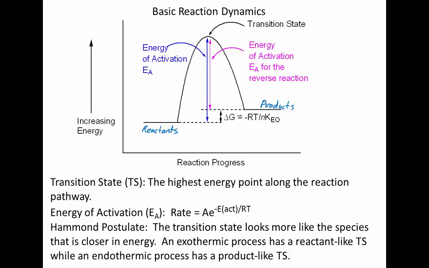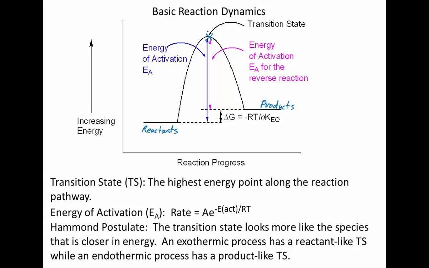In reality, as the reaction progresses, it produces much higher energy intermediates. Okay, so the highest energy point along the reaction pathway is this point right here, which we're going to call a transition state.